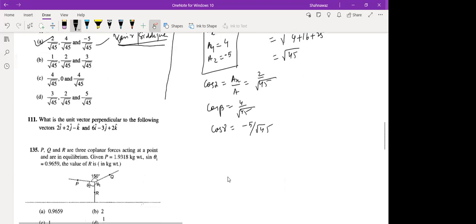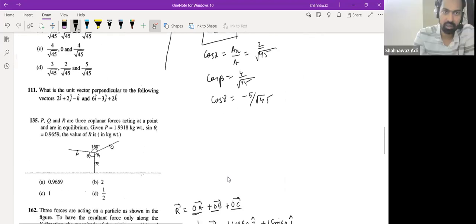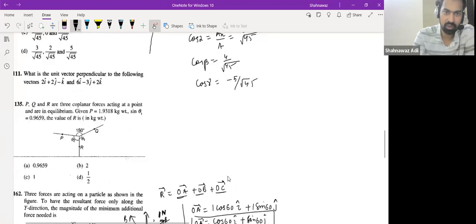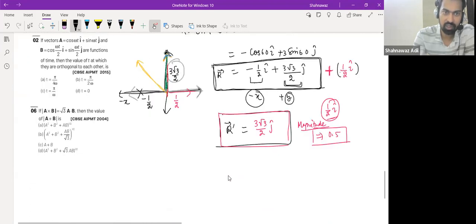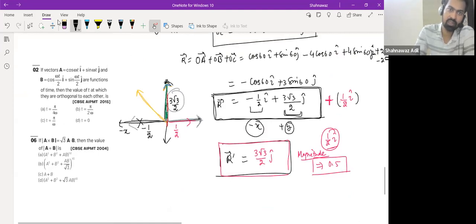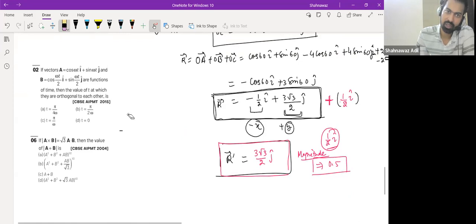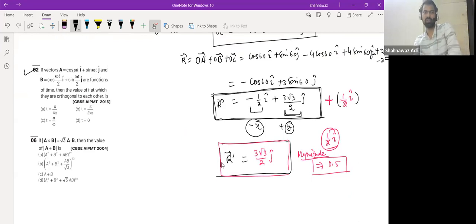Okay, and then what is the unit vector perpendicular to this, this question we did. And also take this question as well, the second question. Two questions, right? You have 1 week for the two questions. So also take this as well.